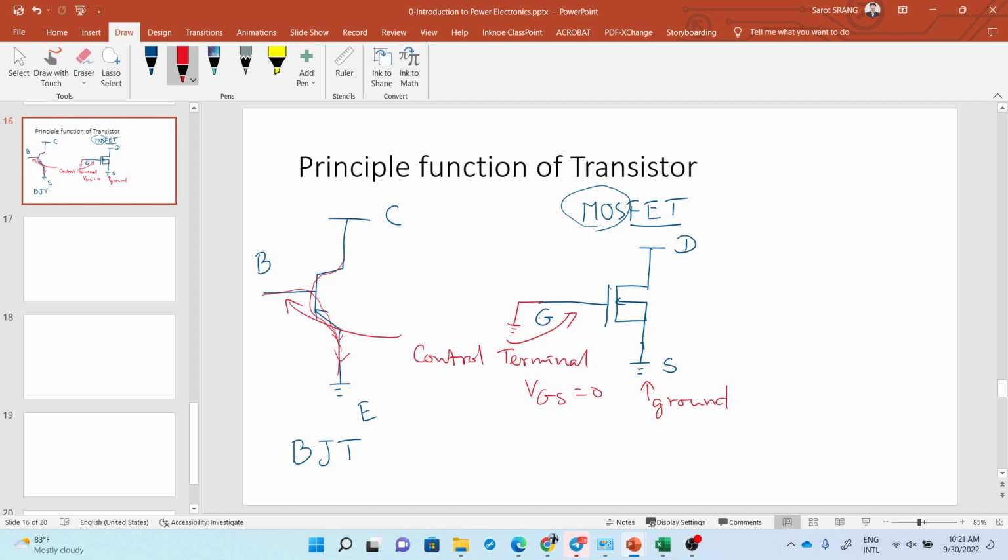In that case, even though you connect the drain to a battery like this, there's still no current flow this way, right? But if you connect G to the positive polarity of the battery like this, then it introduces an electric field inside here, and then current can flow this way.